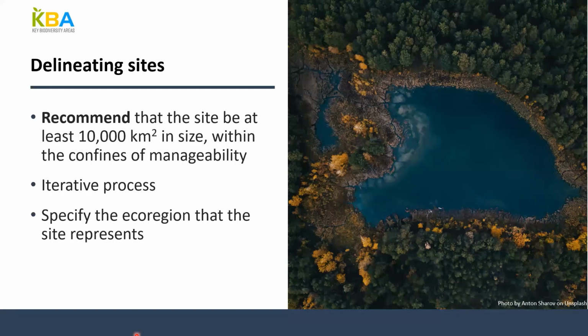Ideally, the site should be large enough that it can maintain its ecological processes, and if there is a disturbance, that it can recover its ecological processes after the disturbance without large-scale human interference.